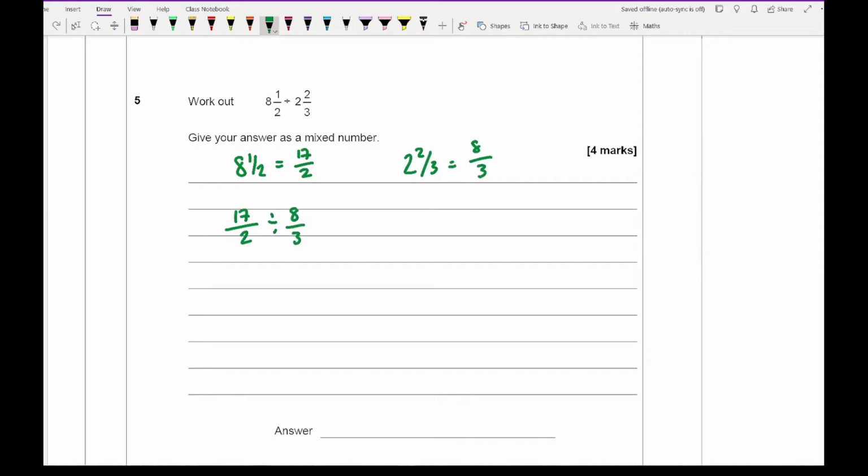So again, remembering the rule is that we keep the first fraction, flip the second fraction, and change division into multiplying. So I've got 3 over 8, and that then will become 17 times 3, which is 51 over 16, and the question asks for it to be written as a mixed number, which gives me 3 and 3/16.